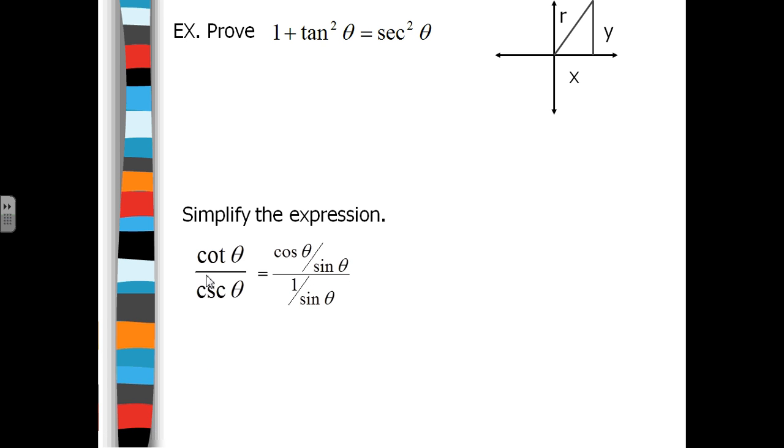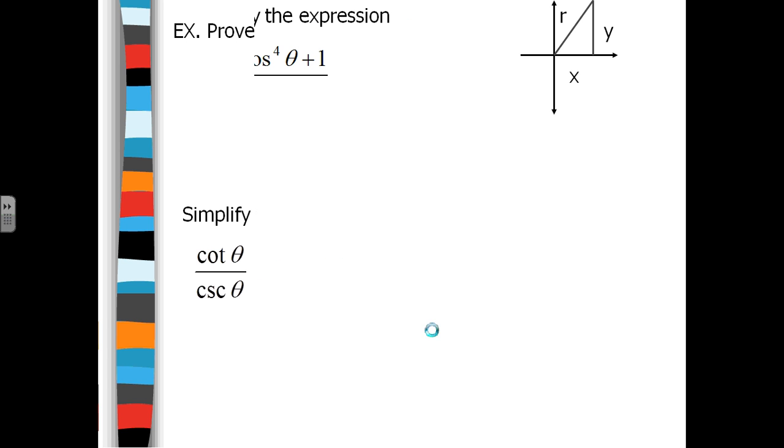So for example, cotangent is written as cosine over sine, and cosecant is written as 1 over sine. So we now have this fraction divided by that fraction, which is, you know, the sines are going to cancel out, and we have cosine over 1. And so we're left with cosine. So this whole thing simplifies down to cosine. Isn't that nice?